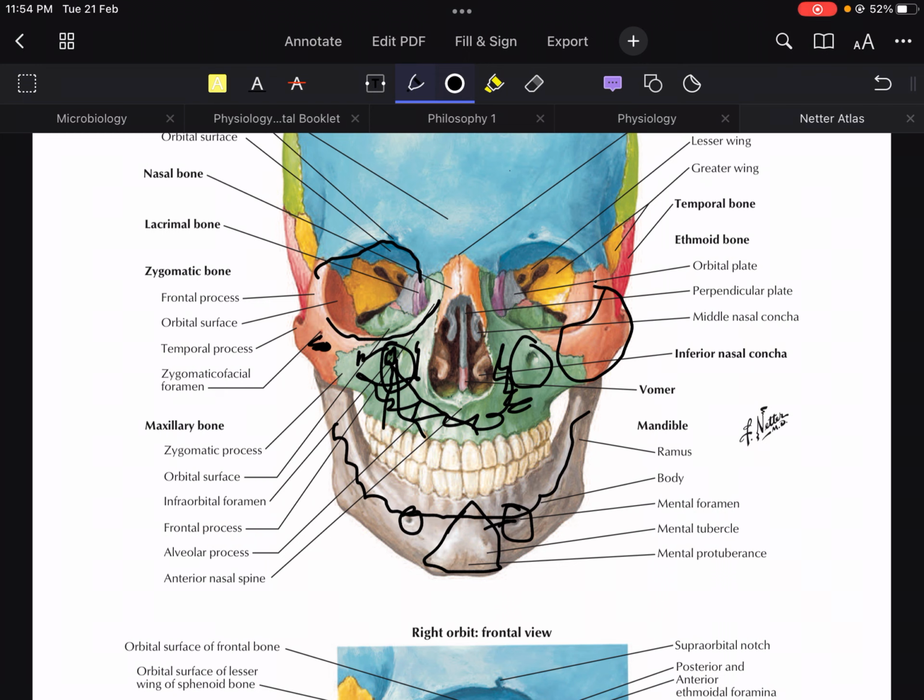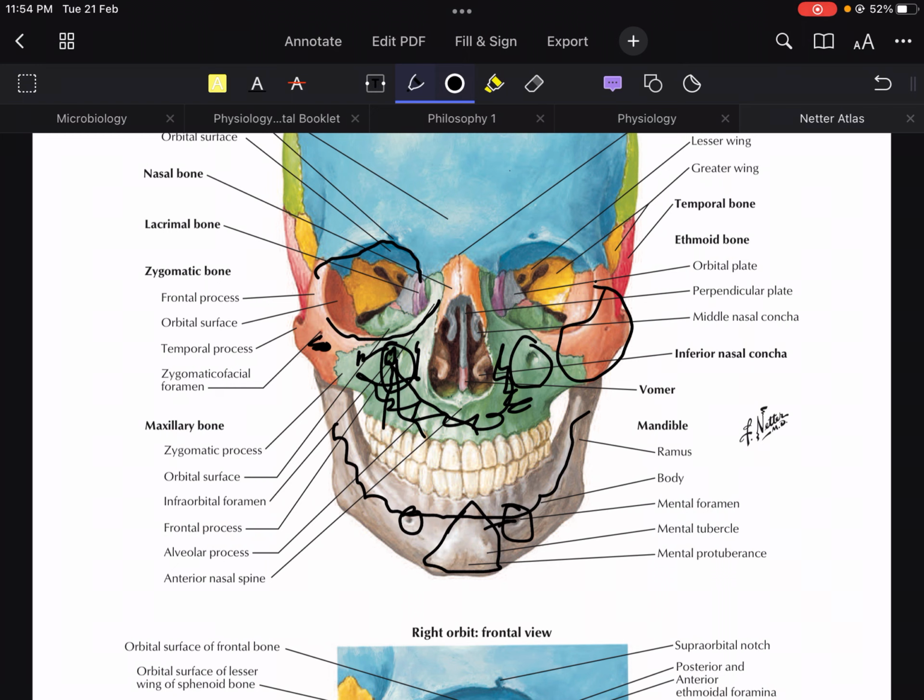Alveolar means it's for teeth. For example, inferior means low. Superior means up. When we say inferior alveolar, it means it's for lower teeth. Superior alveolar, it's for upper teeth.